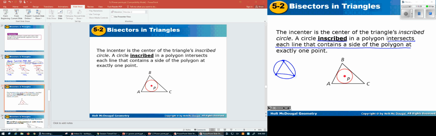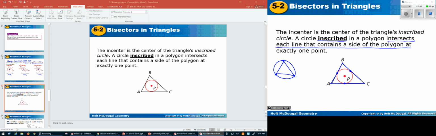It's really wordy. So what it means is if you look at one side, the circle is going to touch the side of the polygon. Look at another side, it touches the side of the polygon. And then the third side, it touches the side of the polygon. So if your circle is inside, it's inscribed, or it touches the sides of the triangle. If it touches the vertices, it's circumscribed.